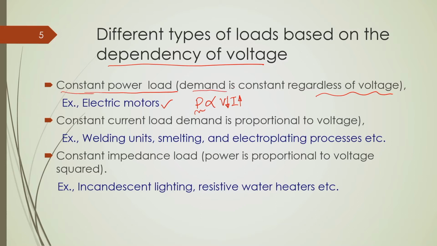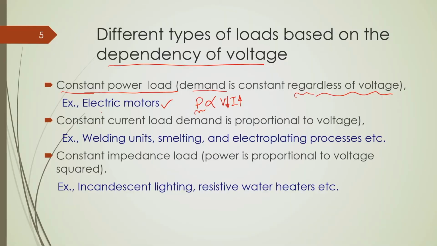Their power demand is constant regardless of the supply voltage, because, as I will show you at a later point of time, the supply voltage cannot always be kept at the rated voltage. Although as residential customers in India we expect a 230 volt single phase supply, we definitely will not get it constant throughout the day or throughout the month.